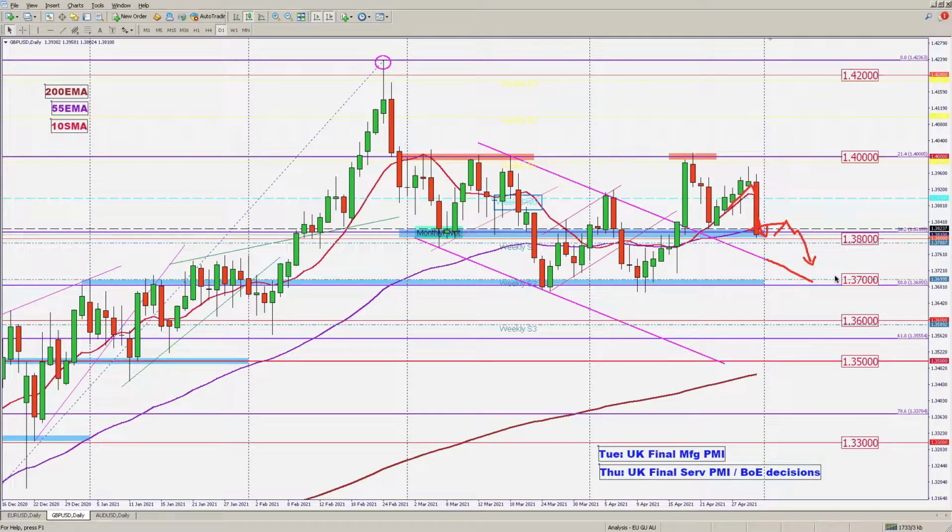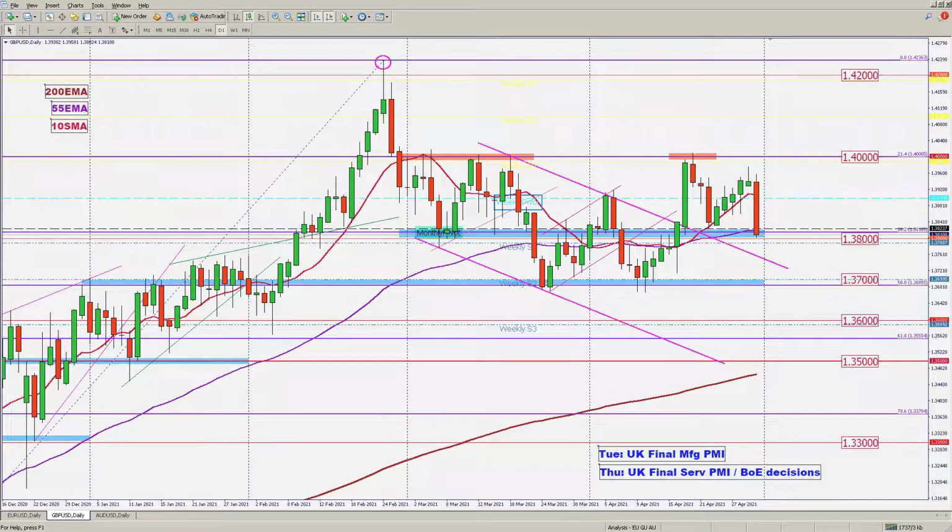It may not reach 138, but sorry, 137. So we'll see, but that's going to be a major support zone anyway. So Thursday will be a critical one for the pound sterling. And also on Friday, the US non-farm payroll may also impact this pair.